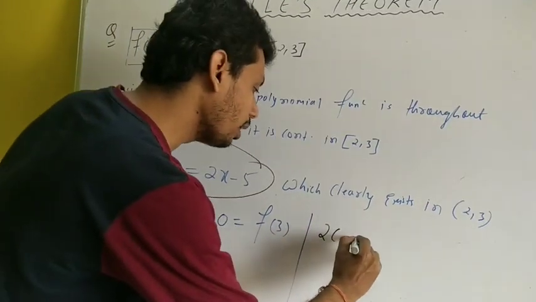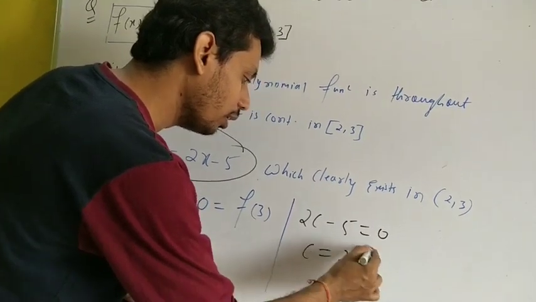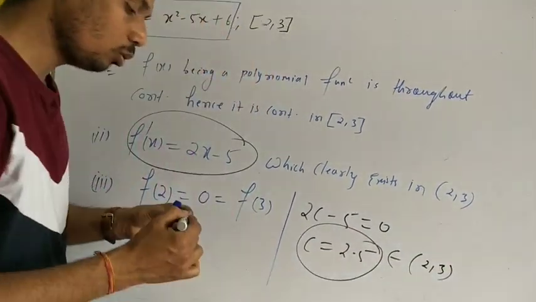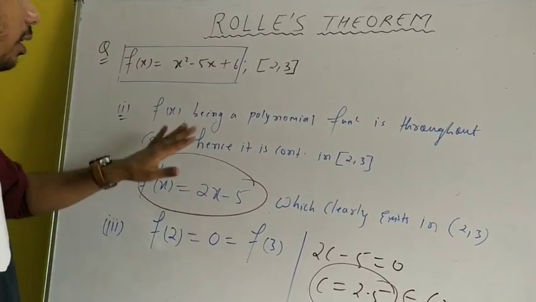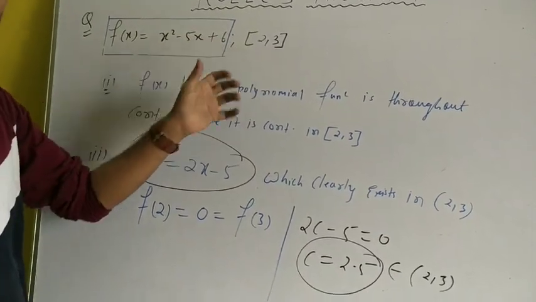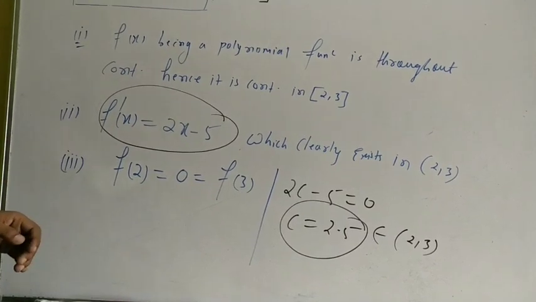So 2c minus 5 is equal to 0. So c is equal to 2.5. Now this 2.5 belongs to the open interval 2 comma 3. So hence Rolle's theorem is verified. That is, the given function defined on the closed interval 2 comma 3 holds Rolle's theorem. So this is all about this question.